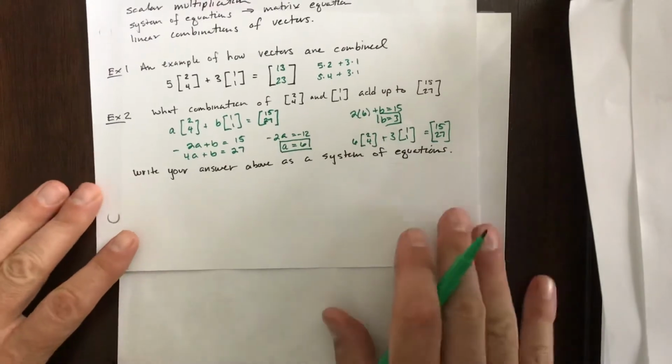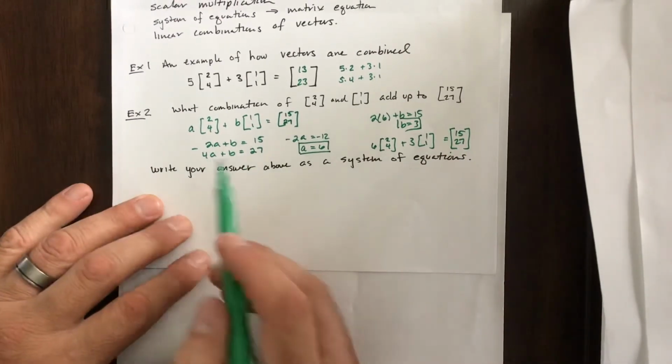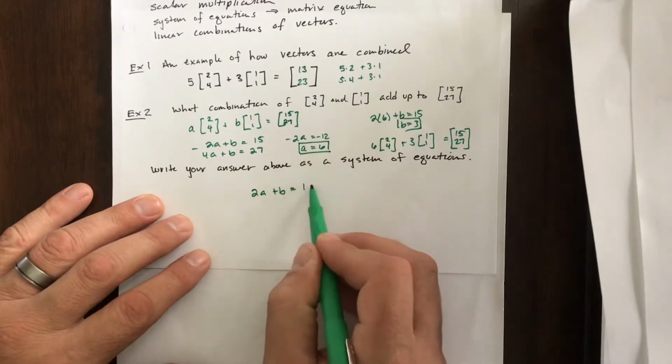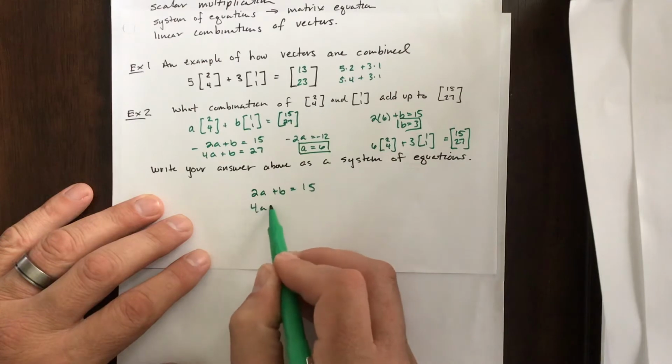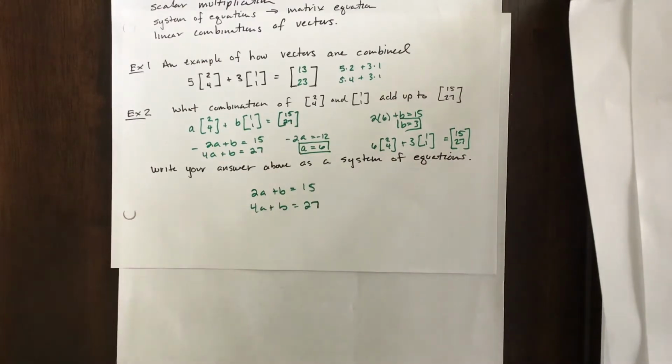So if we were to write the above as a system of equations, then you would do it exactly as we did here. 2a plus b is 15. 4a plus b is 27.